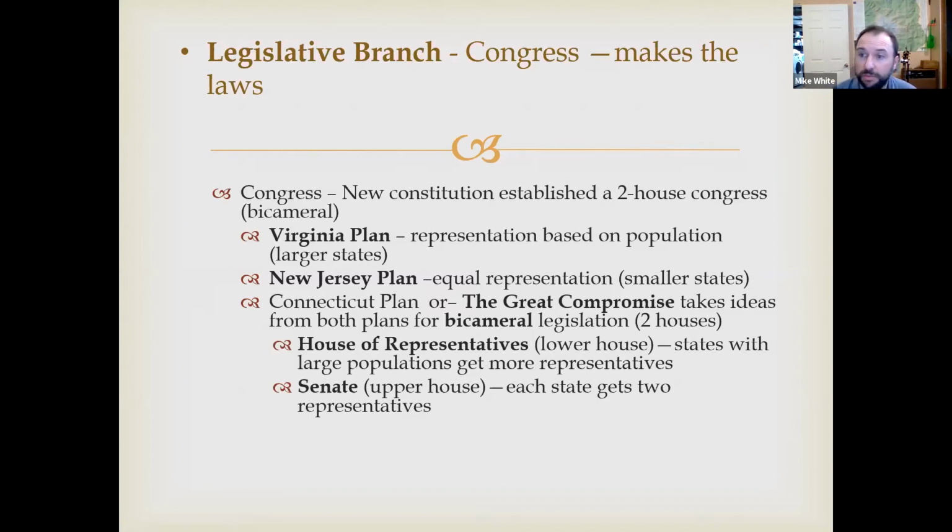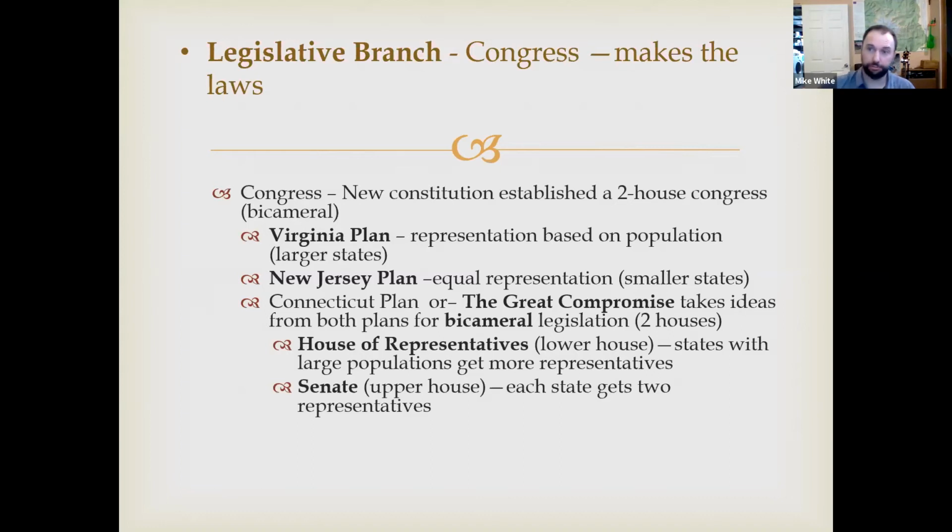But ultimately, when we redid our Constitution, for those of you that remember talking about the Articles of Confederation and how that led to the Constitution, we ultimately came up with a different plan, and it was a compromise between two different ideas. One idea was that every state, no matter how big or small, should have equal representation, and the other side of that argument was that states with more people or greater population should have more representation. So there was this battle going on over how to set up Congress.